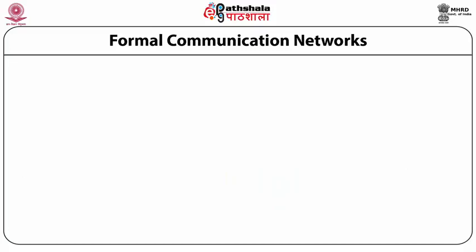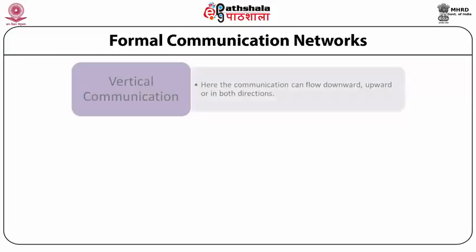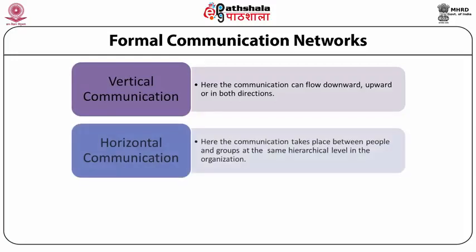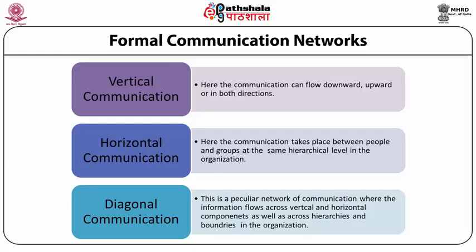The formal communication networks. Now, the formal communication networks can be either in the nature of vertical communication, horizontal communication, or diagonal communication. Now, in the vertical communication, the communication can flow downwards, upwards, or in both the directions.